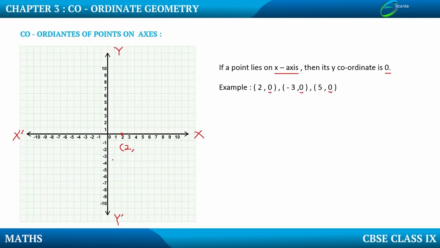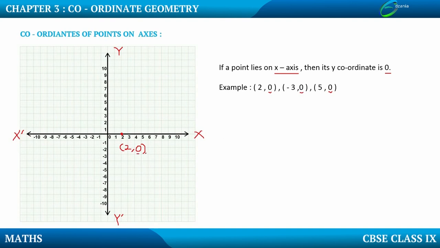But if you observe properly on this y-axis, this point corresponds to 0 on y. Therefore, this point will be (2, 0). And therefore, we say that it lies on the x-axis because its y-coordinate is 0.